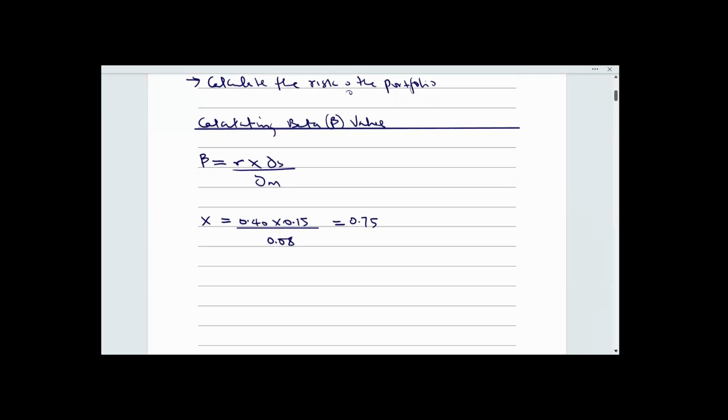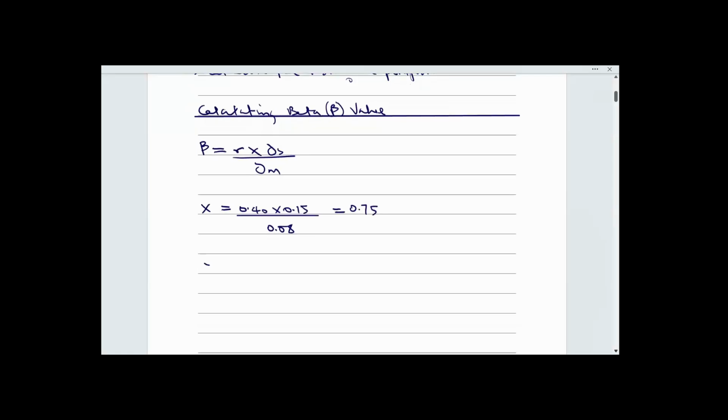Then security Y. The correlation coefficient of security Y is 60%. The standard deviation of Y is 14%.